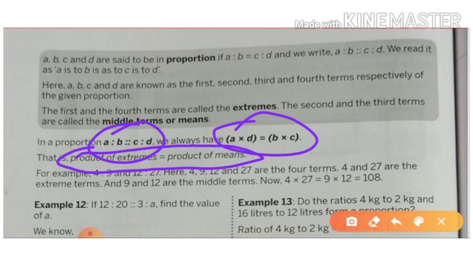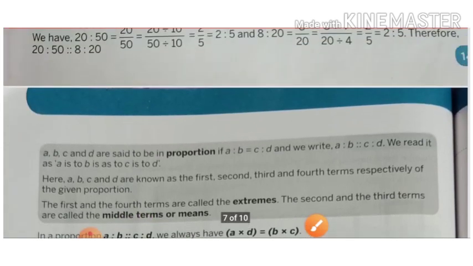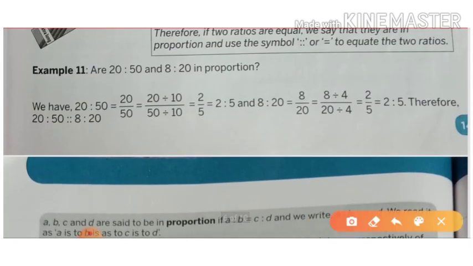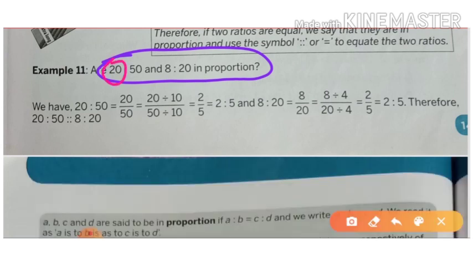So in other ways we can say two ratios are said to be in proportion. If you are given the ratios, now look at here. 20 is to 50 and 8 is to 20, you are asked to find whether they are in proportion or not. So what are the extremes? 20 and 20 are the extremes, so 20 into 20 is 400.